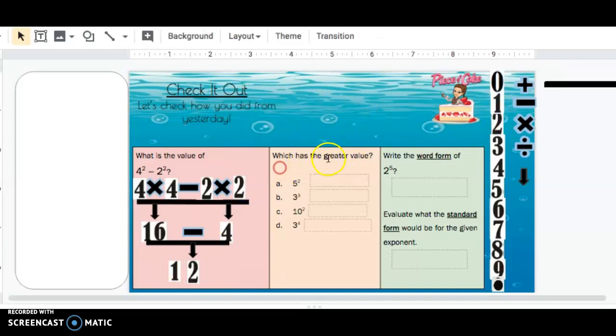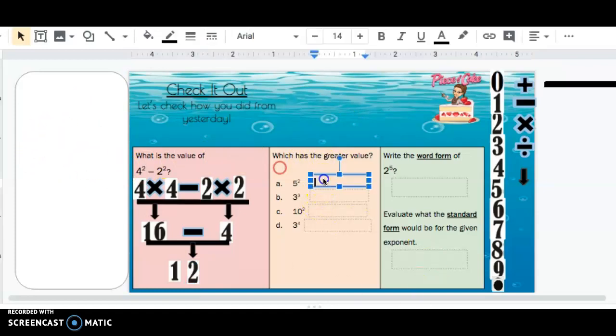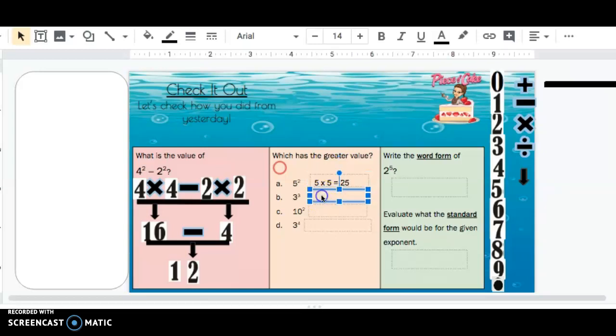Now this one says which has the greatest value. I have my workspace over here if I need it. So I have 5 squared, which in expanded form is 5 times 5. And I know that 5 times 5 is 25. And if I didn't, I would click on my reference book, go to my multiplication chart, and solve it. So 3 to the third power is 3 times 3 times 3.